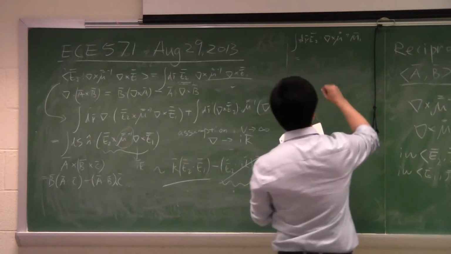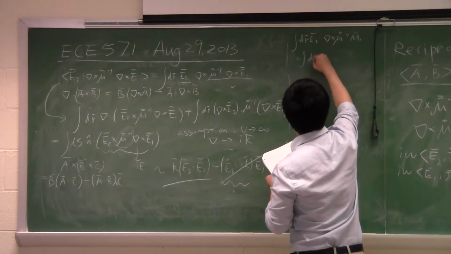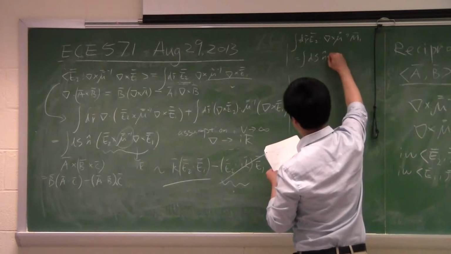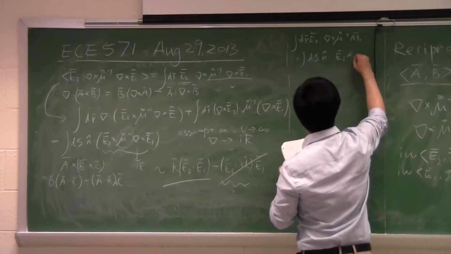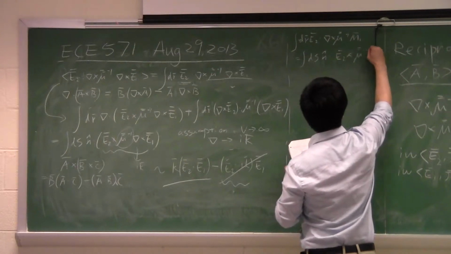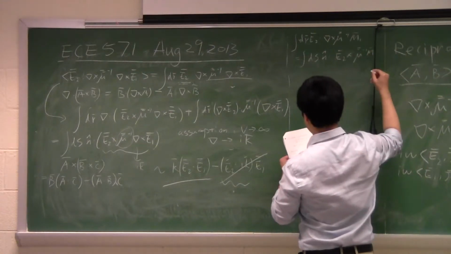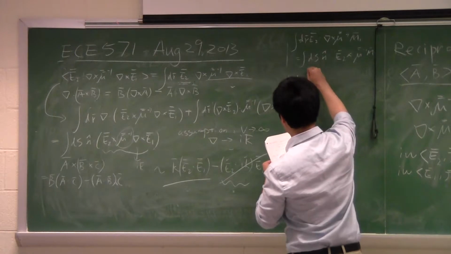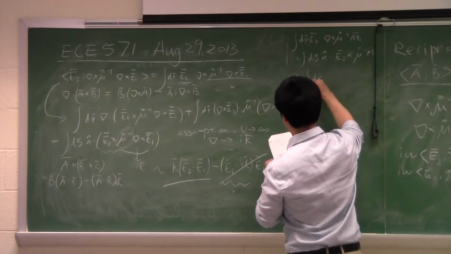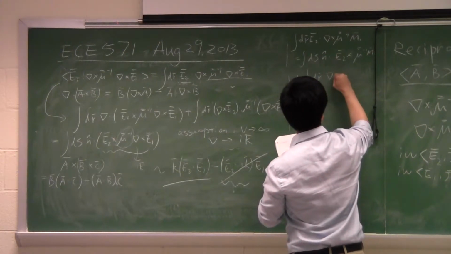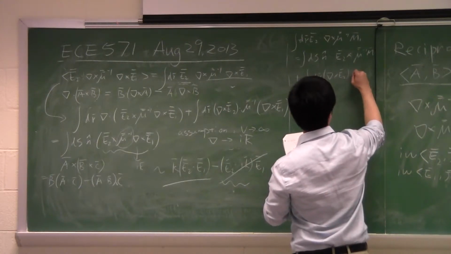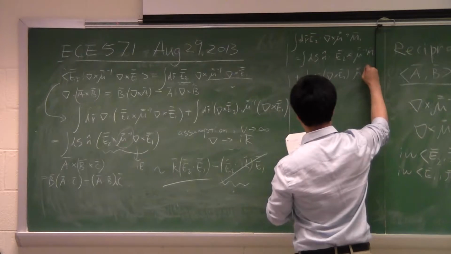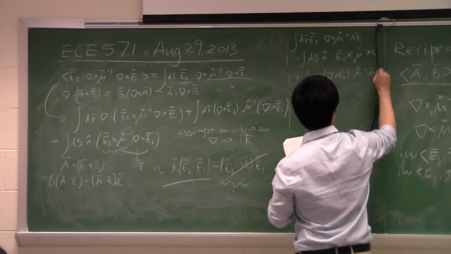So it will become a surface integral of E2 cross mu inverse M1 plus the volume integral of curl of E2 dot mu inverse M1.